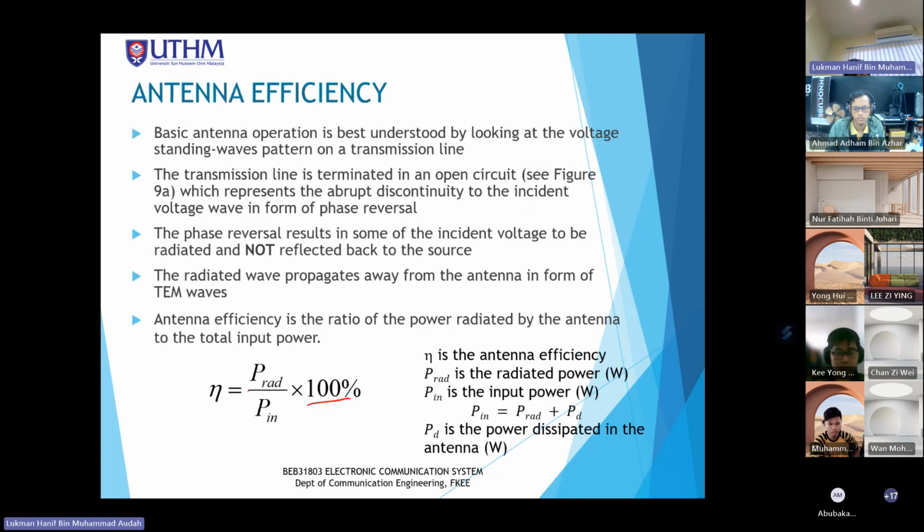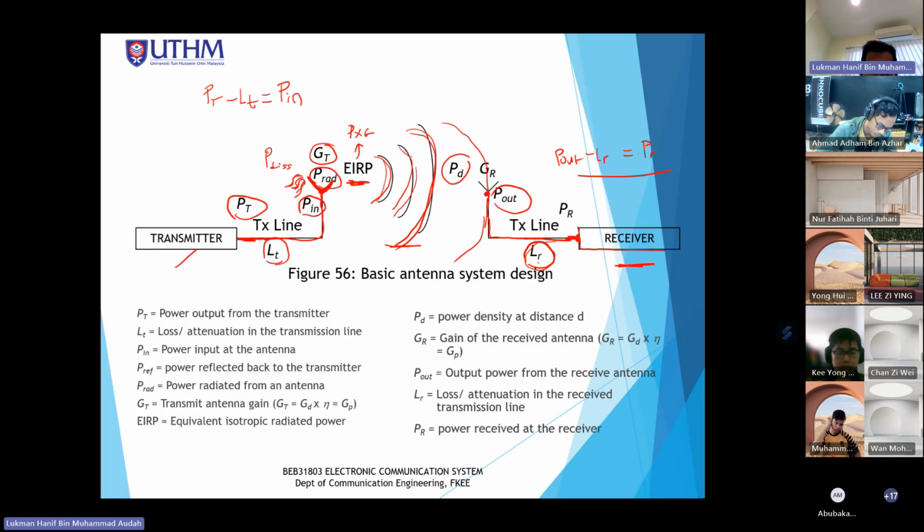And remember that P input is equal to P radiation plus PD. PD here is not the power density, this is a dissipated power. So don't be confused. It's different from the PD in this picture, which is the power density.